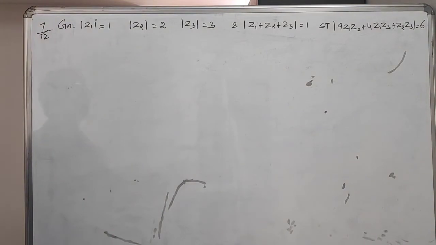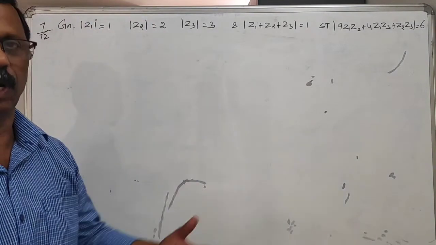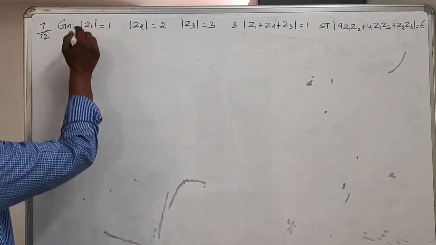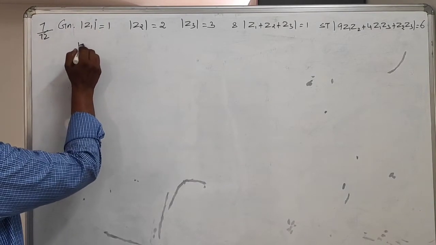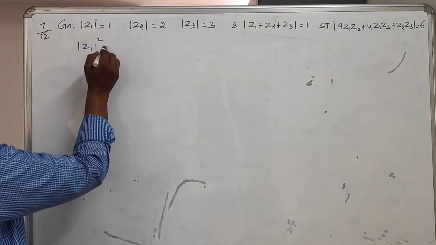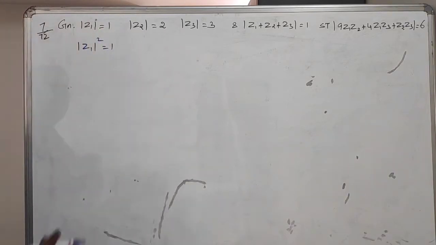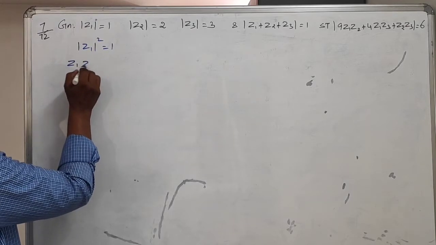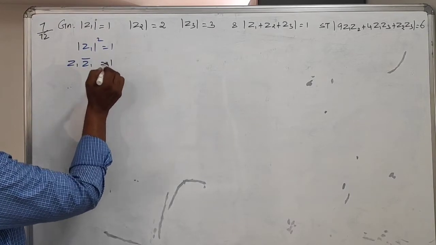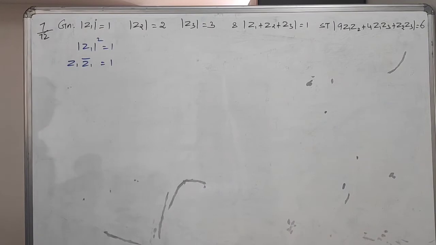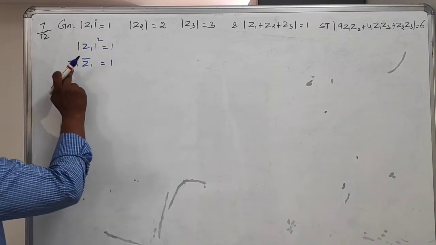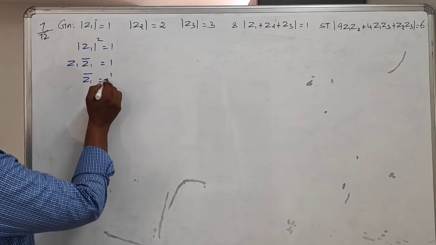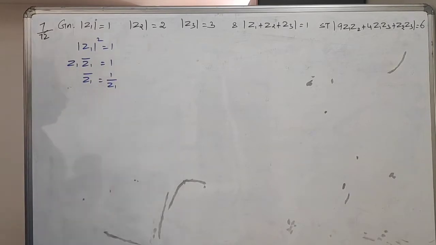Therefore, this is also very similar to the previous problem. We know very well, this modulus Z1 equal to 1 means here we can say modulus of Z1 square is also equal to 1. This modulus of Z1 square can be written as Z1 into Z1 bar is equal to 1. Therefore, from this we can write Z1 bar is equal to 1 by Z1.